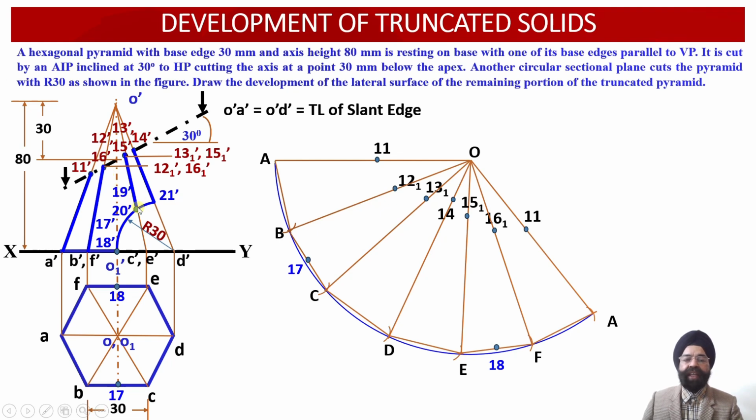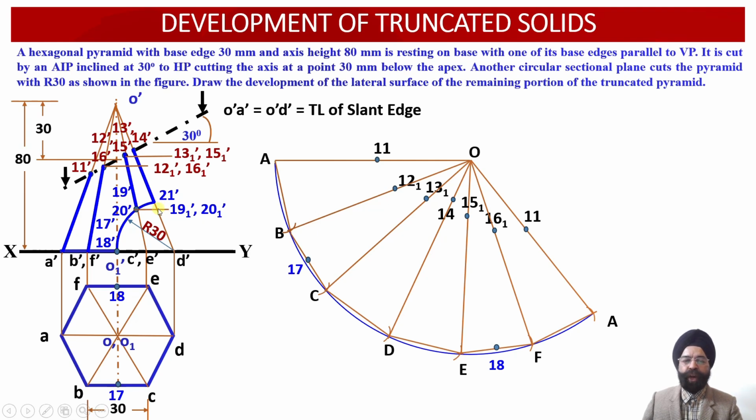And once again, the points 19 dash and 20 dash over here, they are lying onto the slant generators' apparent lengths O dash C dash and O dash E dash over here. So this radius O dash 19 dash and O dash 20 dash will be the apparent length of the radius. So let us now transfer this radius onto the true length.